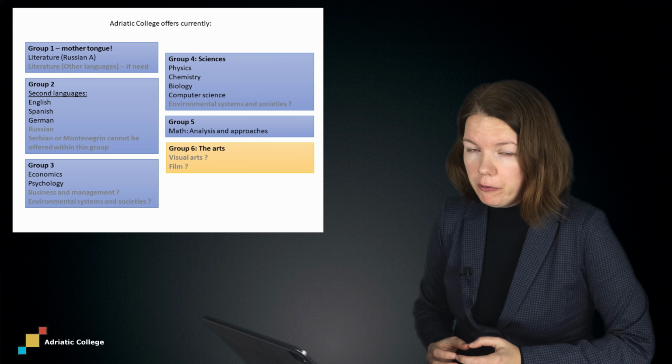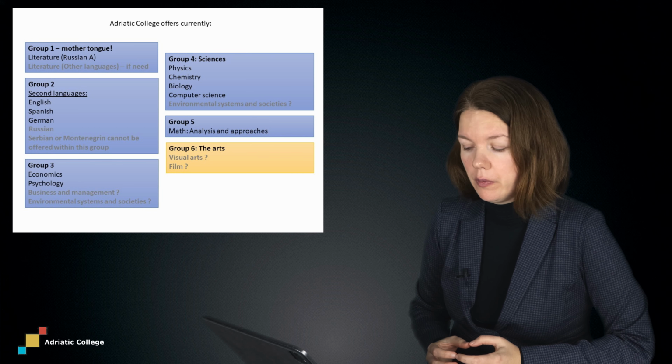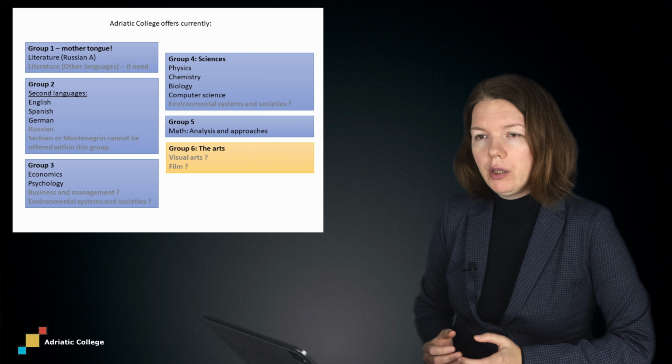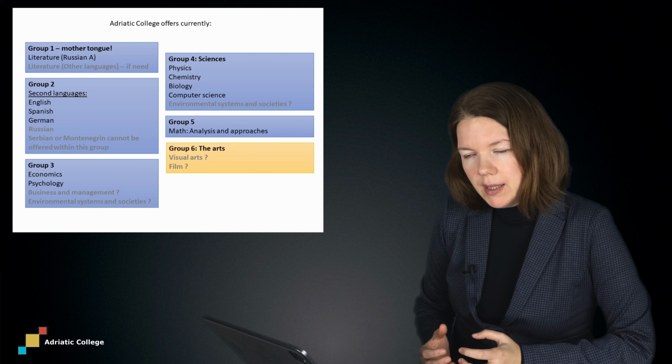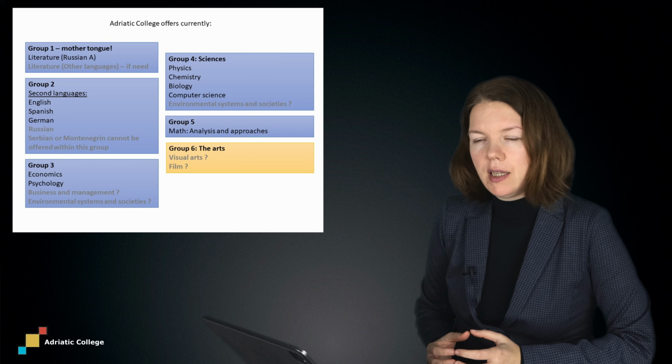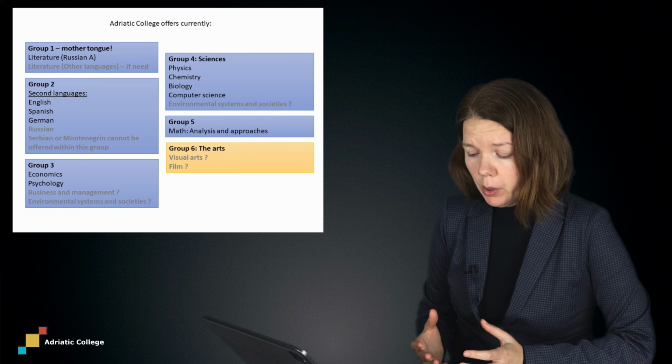And in the future, for the next cohort of students, we plan to extend the choice of subjects within the group 3. We're not yet certain what this extension will be, but still we plan to extend the range of subjects. Maybe it can be business and management or another subject. We don't know yet.